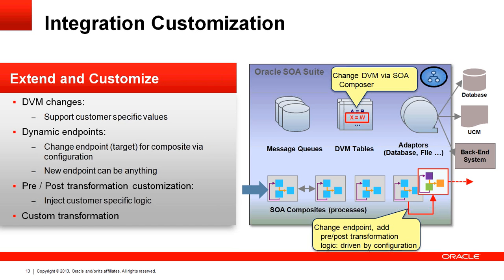Again, if it's PSRM, there's no real transformation needed, but in this transformation process, we have customization points for pre, post and inside transformation. So you can add some logic to execute and manipulate the message before the transformation occurs. You can add some logic after the transformation occurs, and you can change the logic of the actual transformation itself.